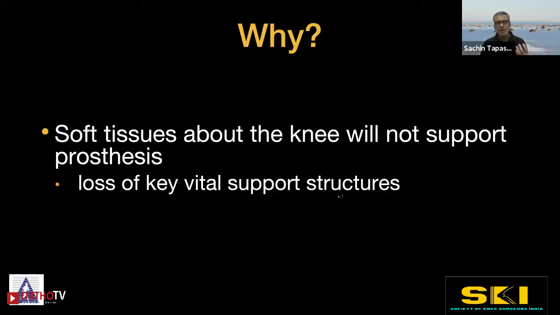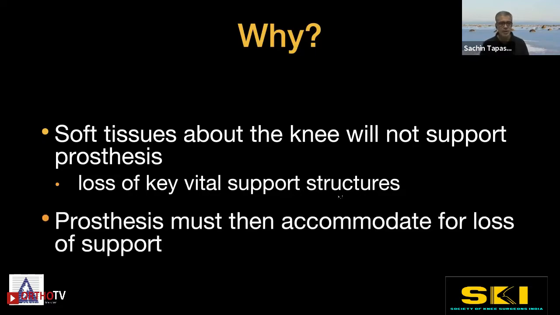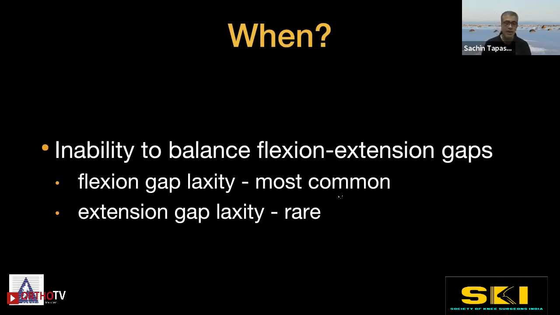And I think we need to do something more. And this is where these soft tissue laxity will be then compensated by certain mechanical implant characteristics in the implant, which bring about this constraint. These essentially will accommodate the loss of support, which is there in the current scenario that you're dealing with.